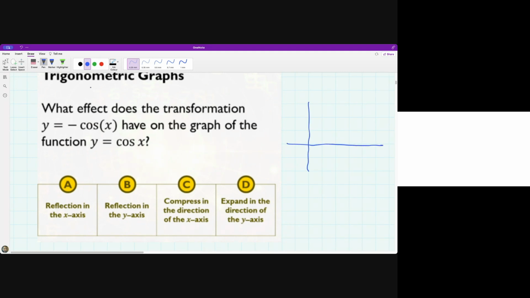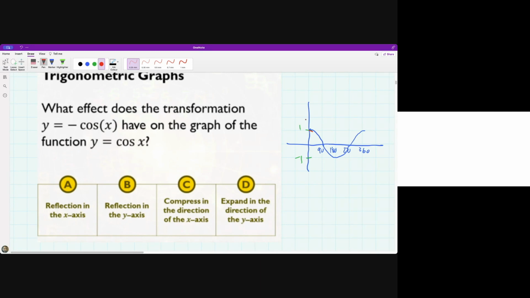It's good to have the basic cos graph in your head just as a reference. What does the normal cos graph look like? It will look something like that. Now, what does a minus sign in front do?